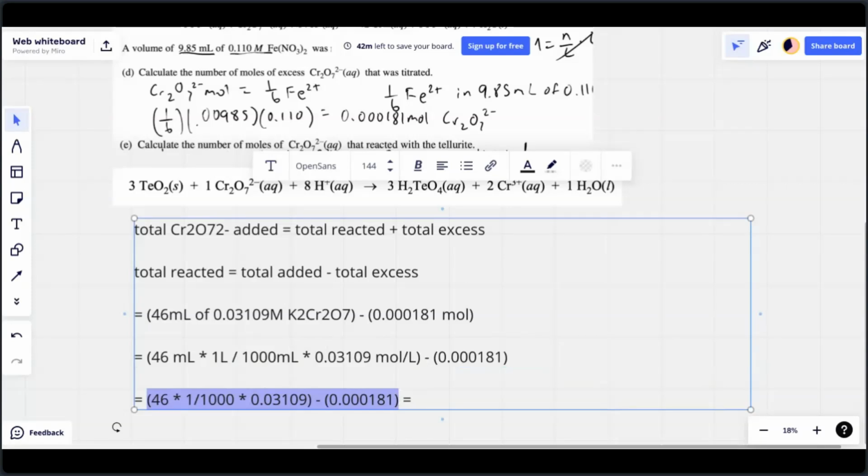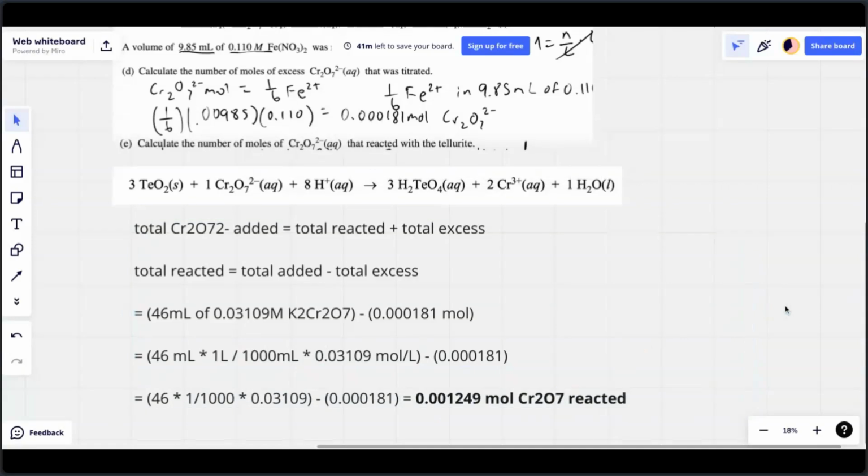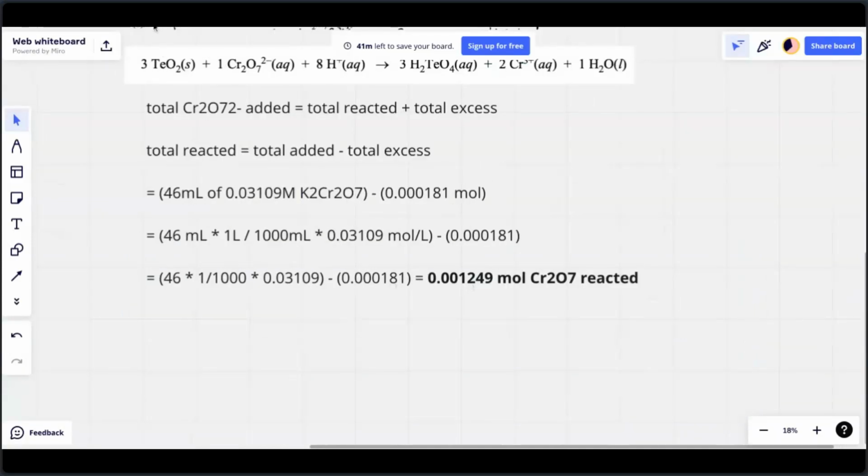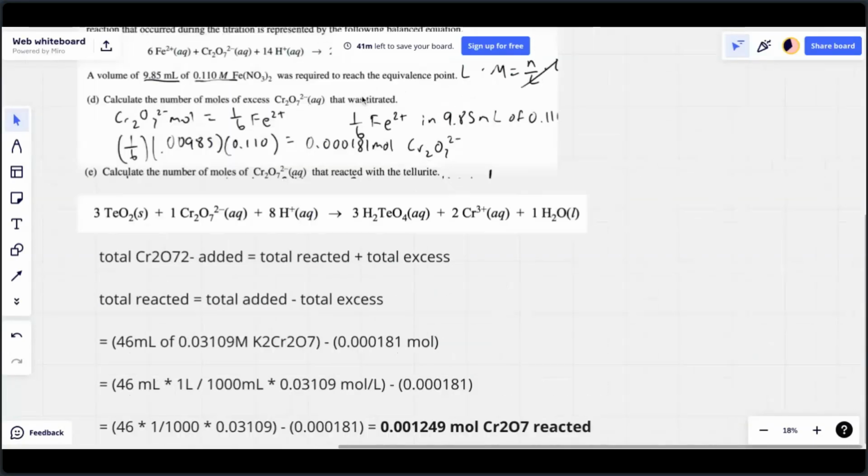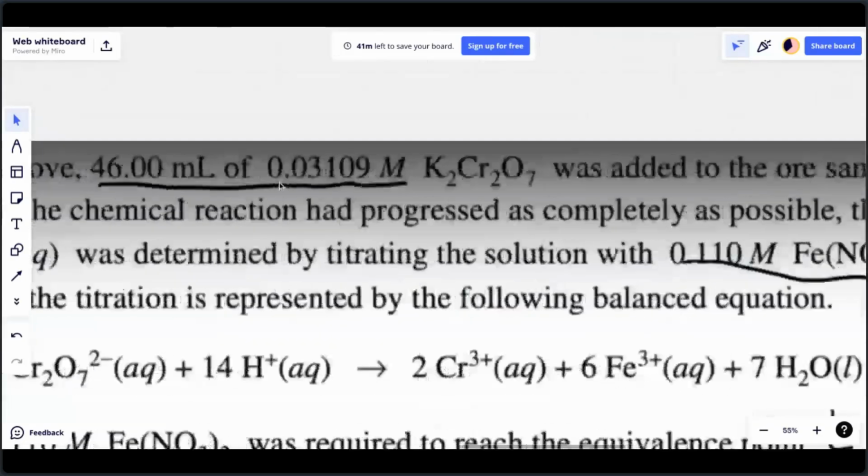Right, and our final answer is that many moles reacted. And technically it's moles of potassium dichromate, but again, we don't care about potassium because it's just a spectator. Sorry, potassium, but we'll hang out with you another time. So that's what we got as our answer. And the 0.3109 came right here. It was written in the problem.